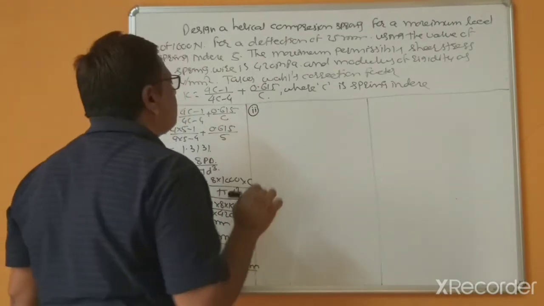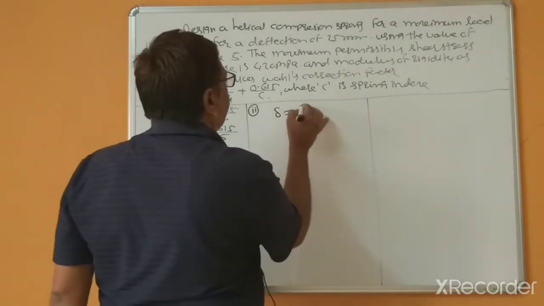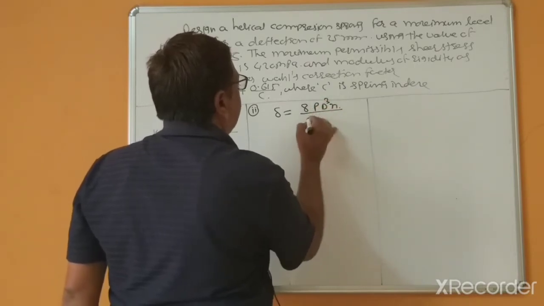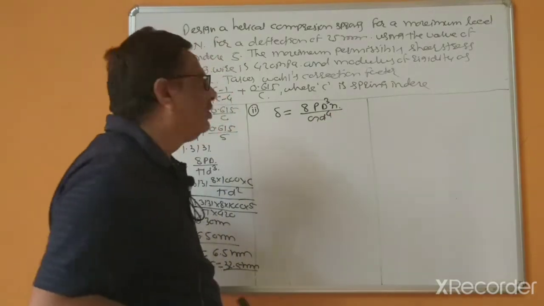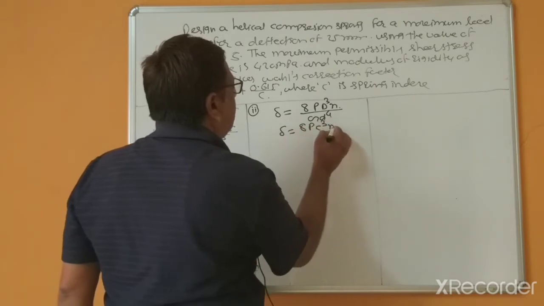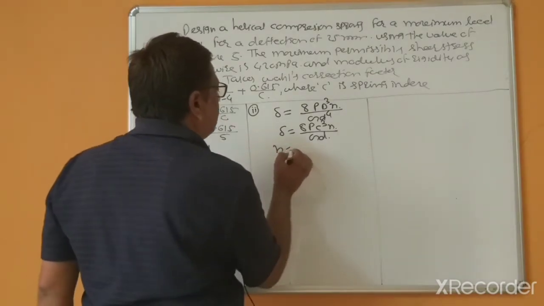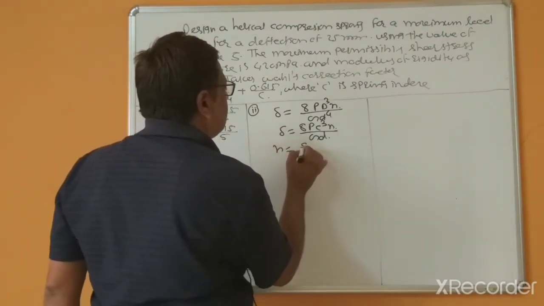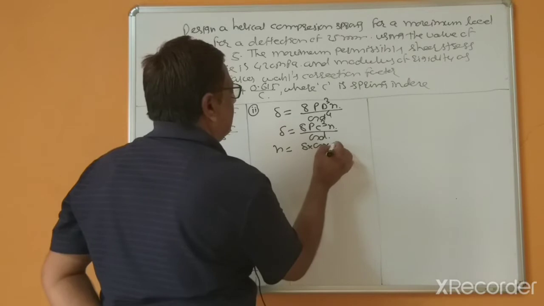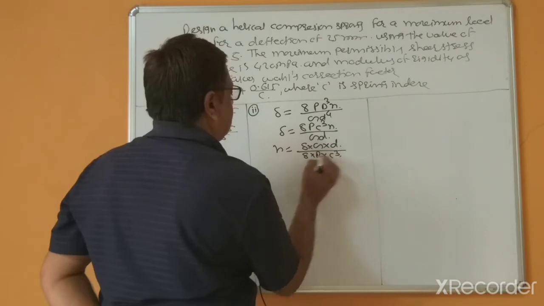The second important parameter is, now by using the deflection equation, 8P D cube multiplied by N divided by G d raised to 4. So again we can consider this is 8P C cube into N divided by G d, and N is the number of turns, N equal to, this equation becomes deflection multiplied by G into d divided by 8 into P into C cube.